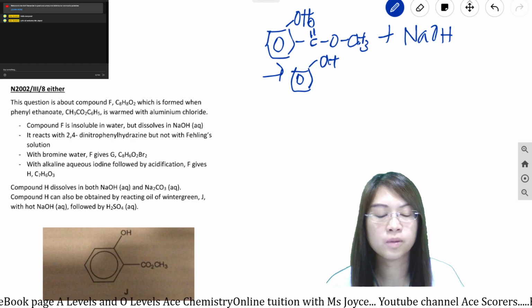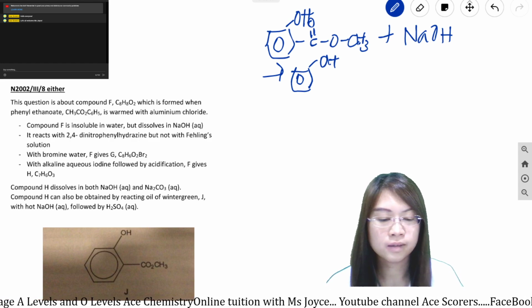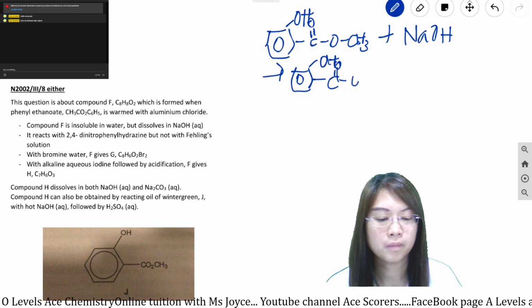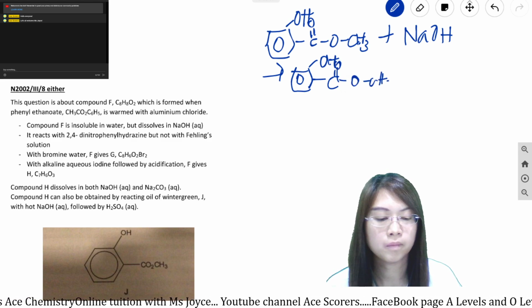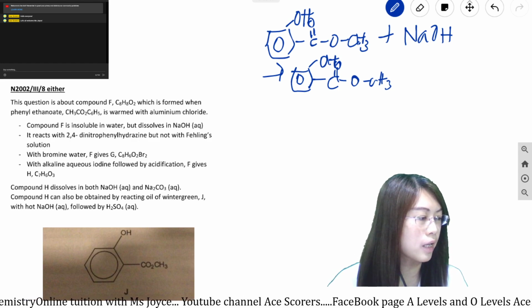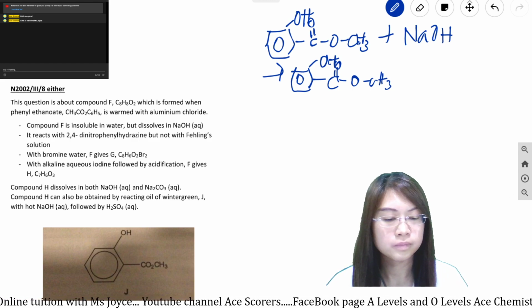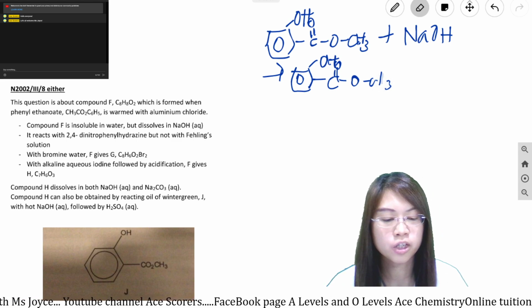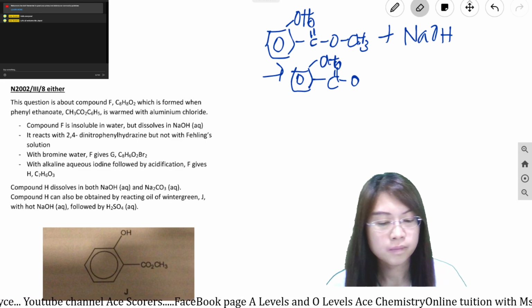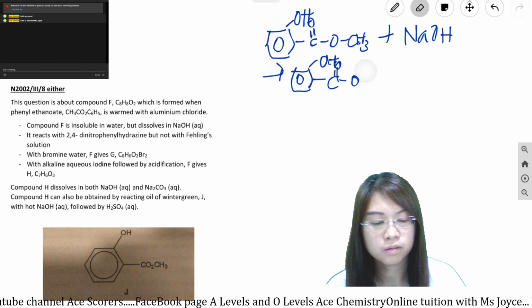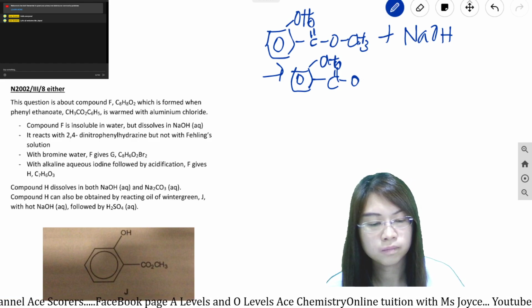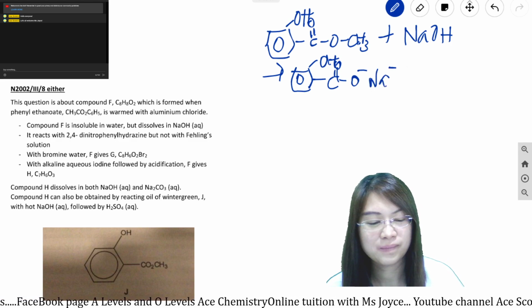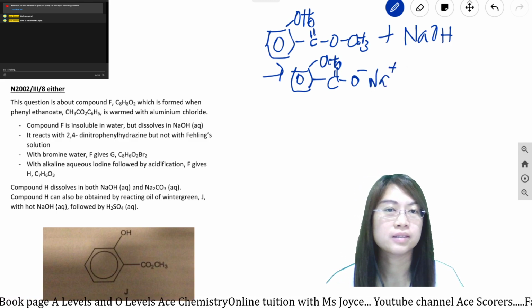Now upon reacting with sodium hydroxide, this compound J will undergo the process of saponification to form the sodium salt.